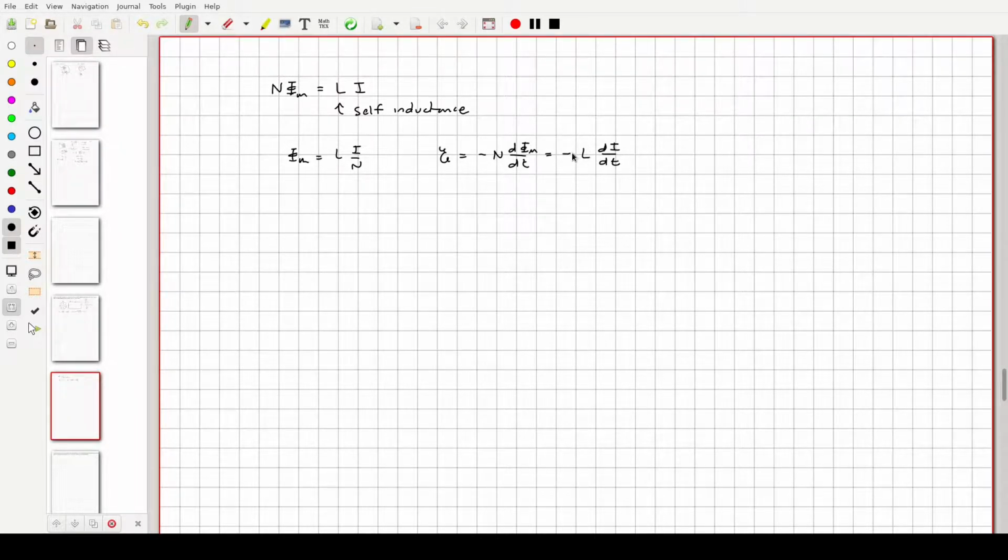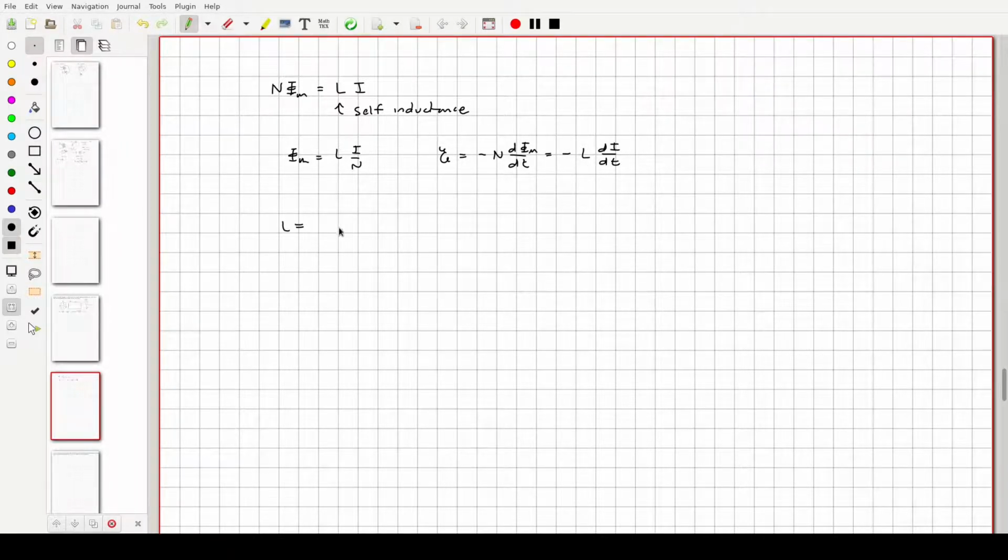So that said, this is actually one of the ways that we can define inductance, L. We usually use magnitudes for this, because it doesn't make sense to have a negative inductance just because of directions and what have you. Again, this is a reminder: don't forget Lenz's law.